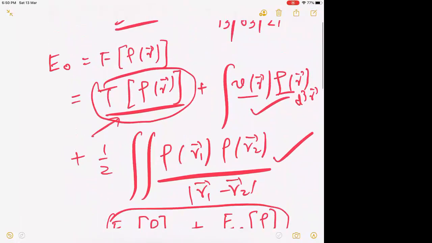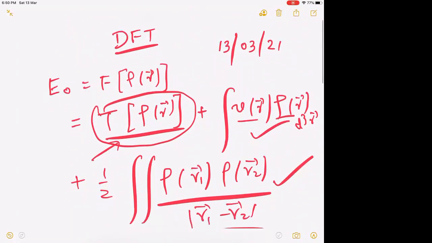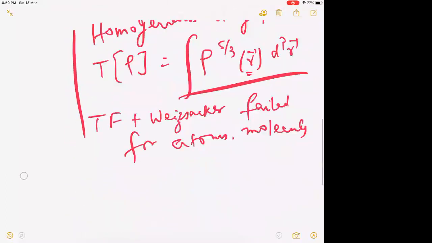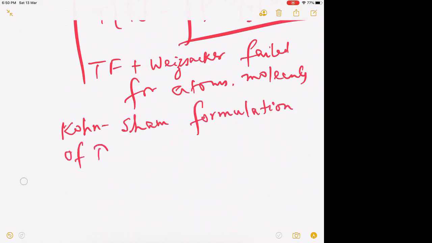Even the Hohenberg and Kohn theorem, although they put it in perspective, did not solve the problem. So till Kohn and Sham in the late 70s came up with an ingenious way of solving the problem. Today it is known as the Kohn-Sham formulation of DFT. But the essential idea was to solve the kinetic energy. So that remained the bottleneck.